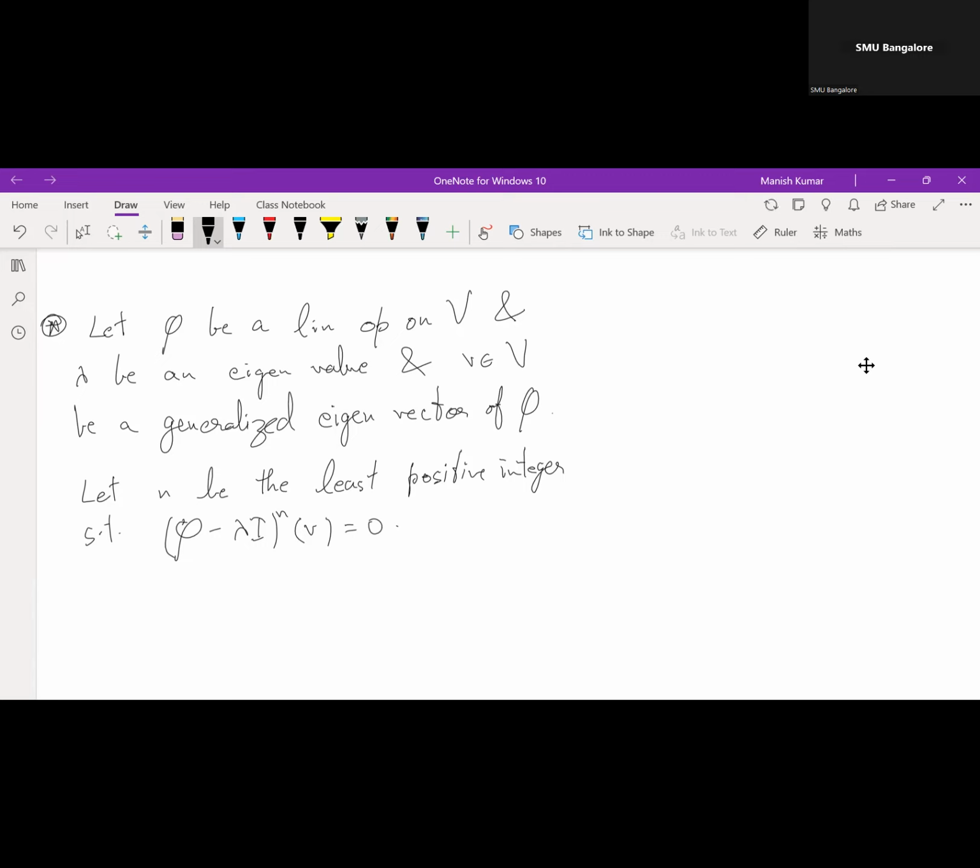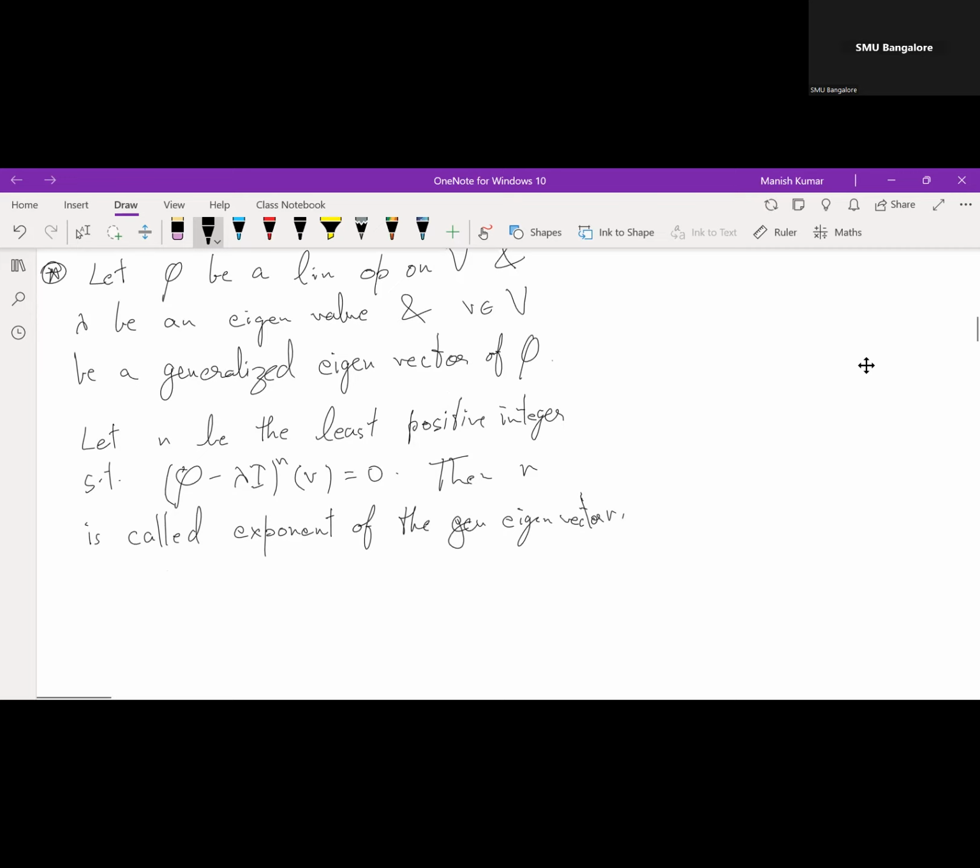Then n is called the exponent of the generalized eigenvector v. If the exponent is 1, then you say that it's an eigenvector, that means just phi minus lambda itself kills it.